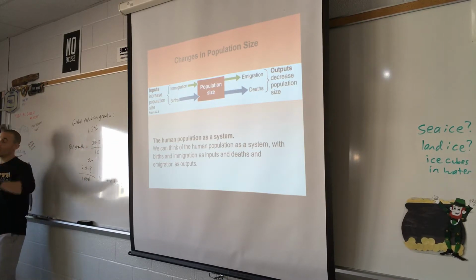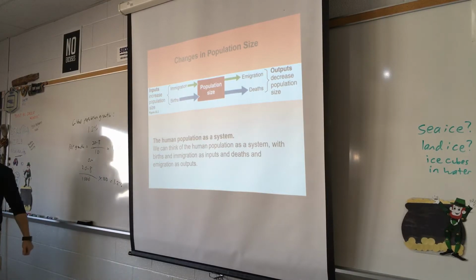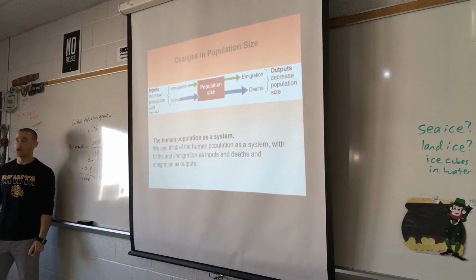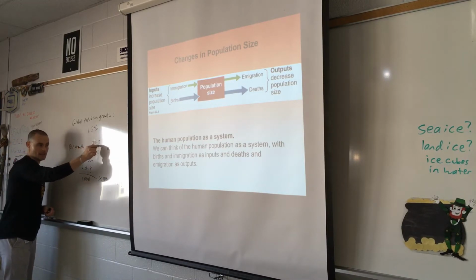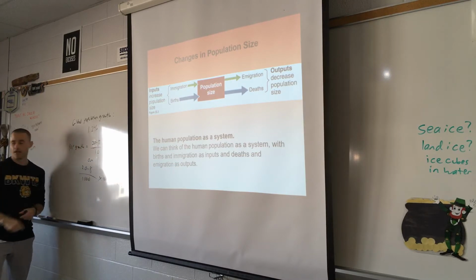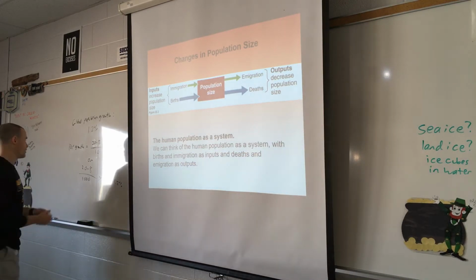Either way, you do need to know how to do this. You need to know how to calculate population growth if I give you crude birth rate and crude death rate. So as an overall, I could write a generic formula here, CBR minus CDR. So I can just substitute those in. So let's try another one. What if I told you the crude birth rate, CBR, is 22.8 and the CDR is 11.3.